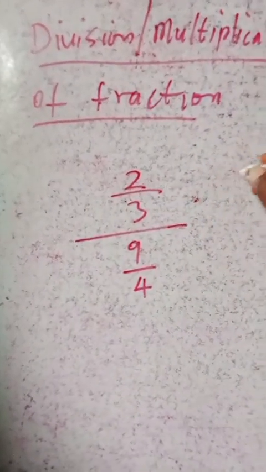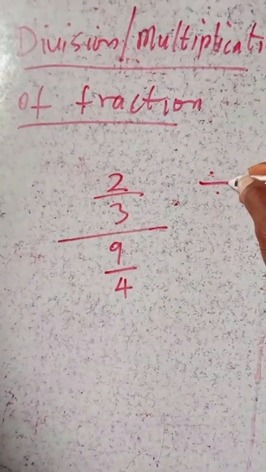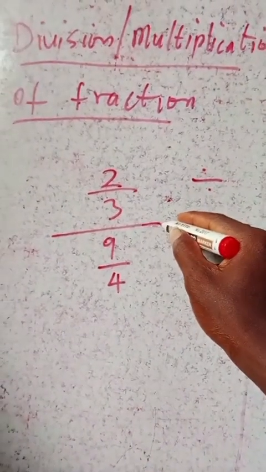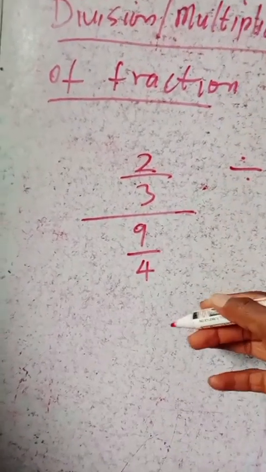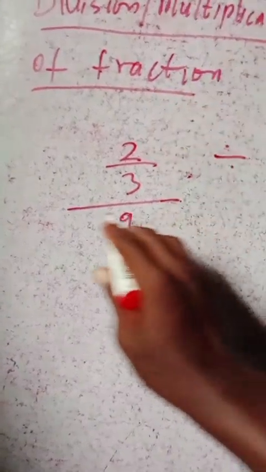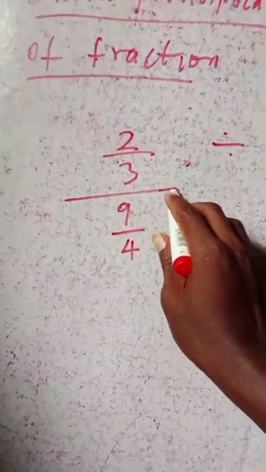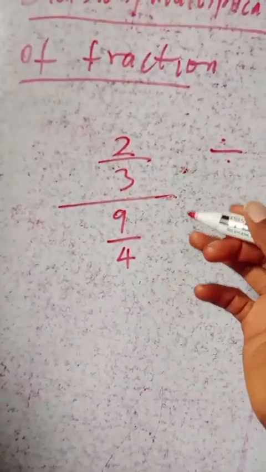If they do not use the division sign, this big division line also means the same thing. So anywhere in your calculation you have a fraction dividing another fraction, it means the same thing.